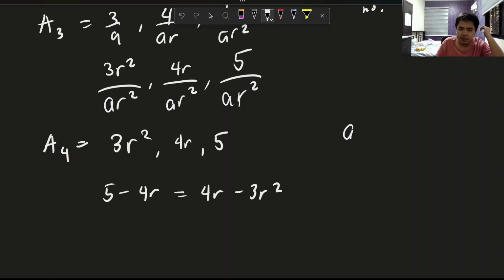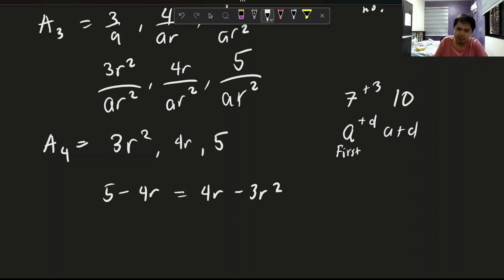An arithmetic sequence has the first number, like last time. Let's say this is like 7. We have to add a common difference, so maybe this is plus d. Maybe the common difference is like 3. We have to add 3 to 7, so this is going to be 10. The next term is going to be plus 3 again, so 13. In here, it's a plus 2d.